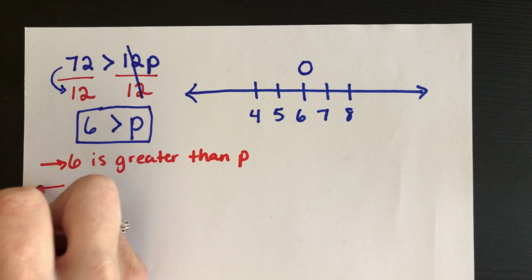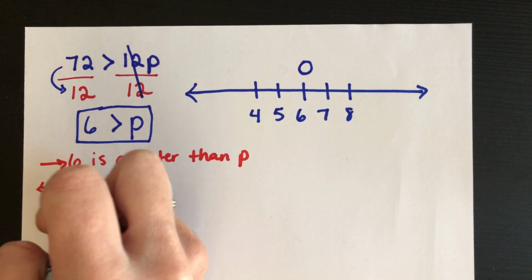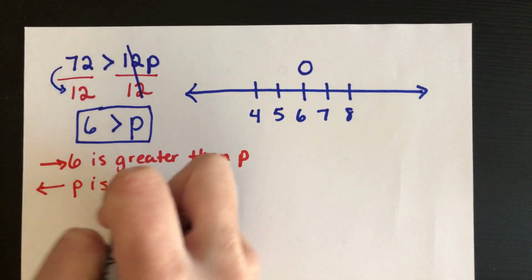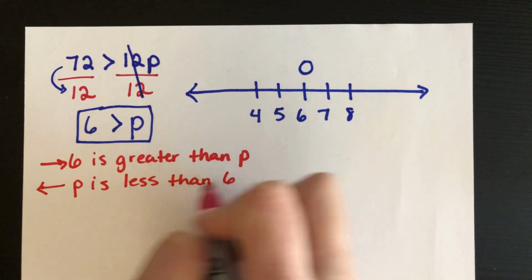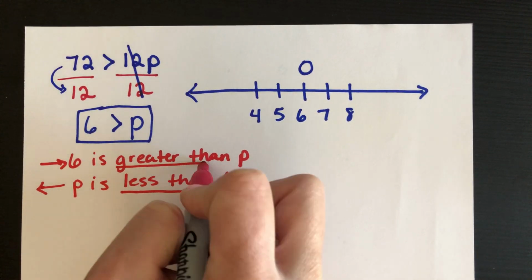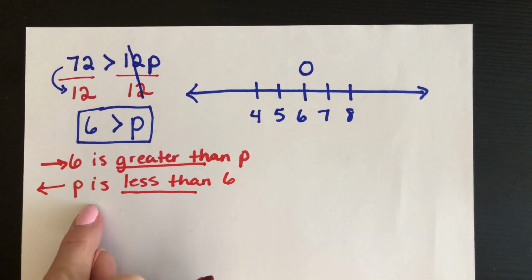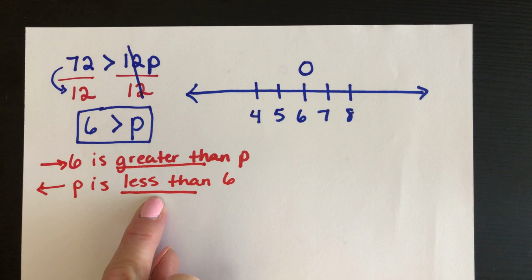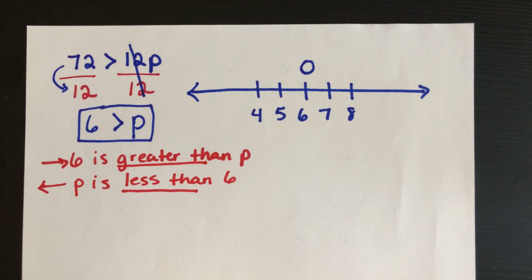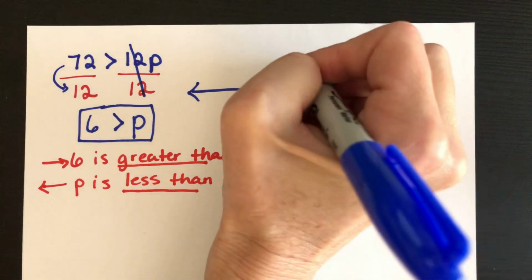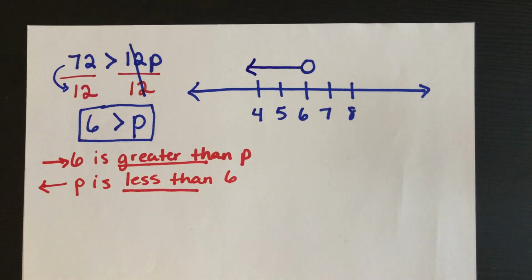But if I'm reading it right to left, it's p is less than 6. So now my greater than, since I'm reading it from right to left, is now less than. So since p is less than 6, I have to switch it that way.